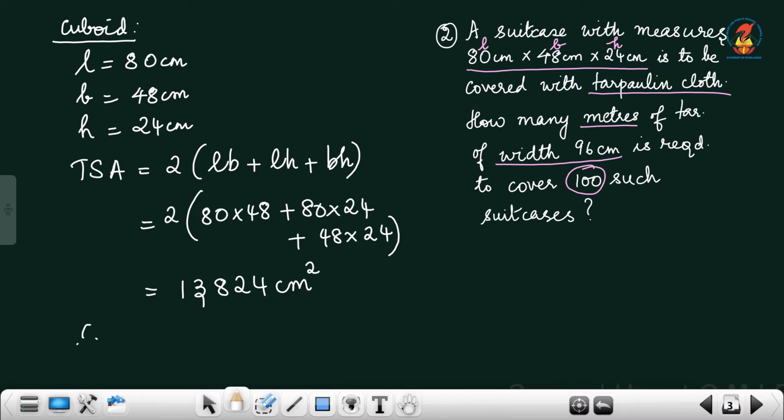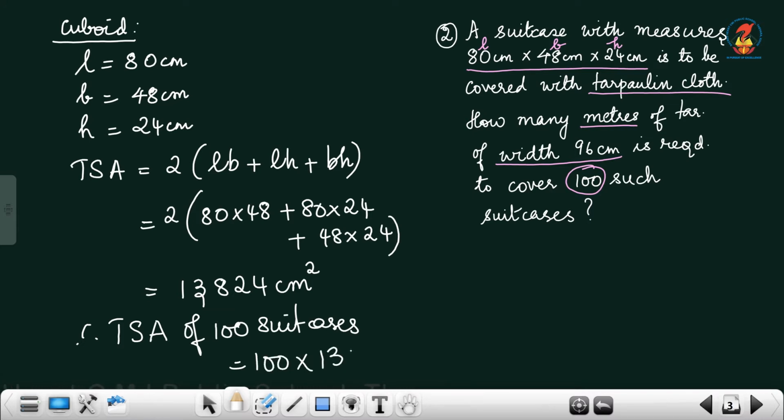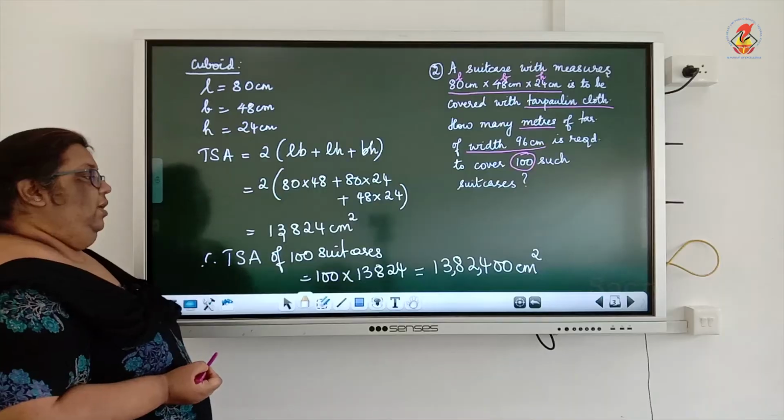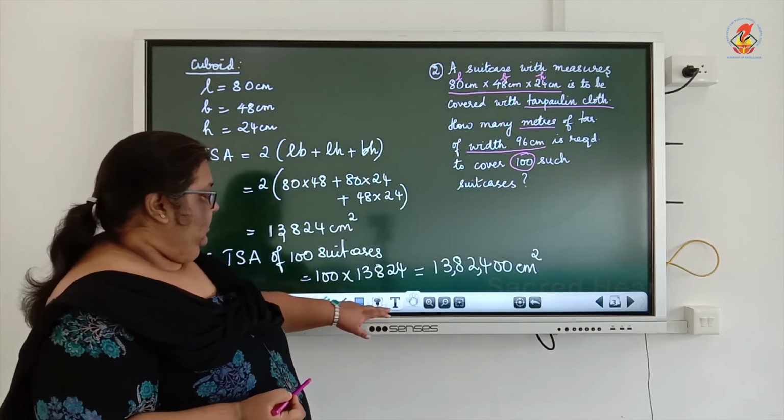Therefore, how many suitcases are there? Therefore, TSA of 100 suitcases will be 100 into 13,824, which is equal to 13,82,400 centimeter square.